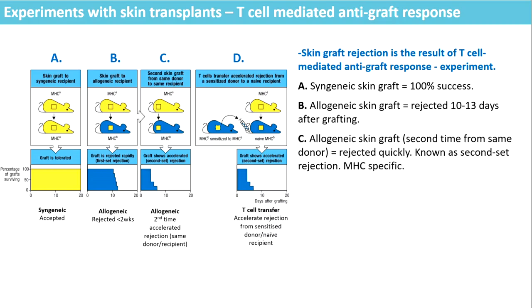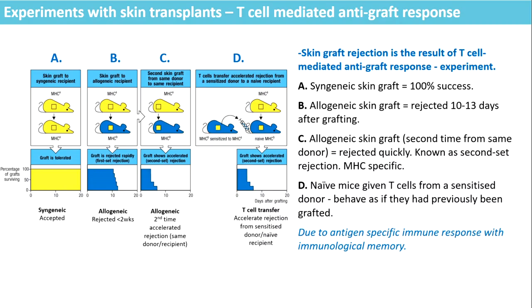But what we do is if we take T cells from an individual that has had a graft and we put them into a recipient that is having a graft from the same donor but for the first time, we will elicit a second set rejection response. So that's proving that those T cells are important, not only in memory, but also in mediating that anti-graft response. Okay? So it's showing the link between the adaptive immune response and graft rejection and the link to T cells.